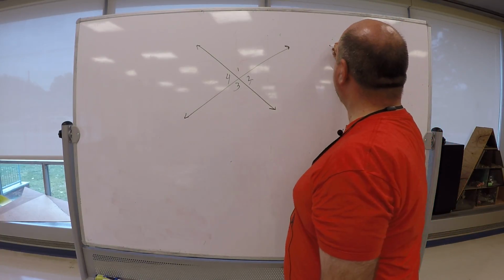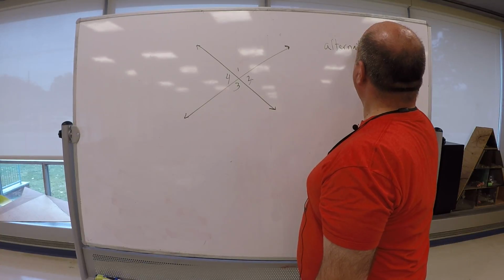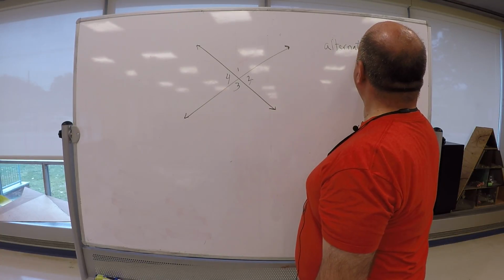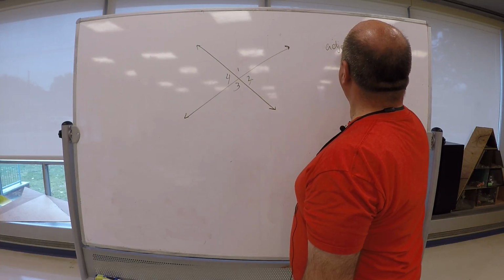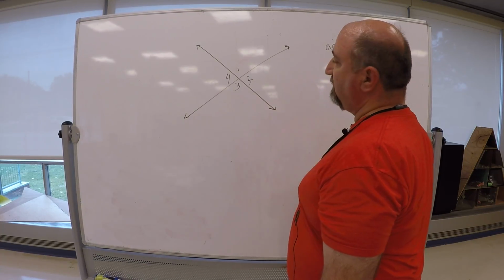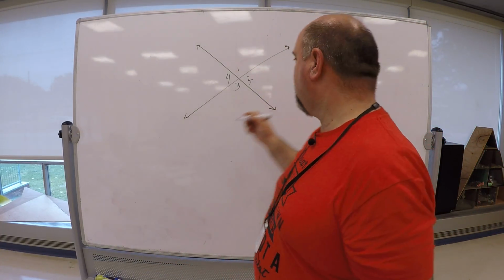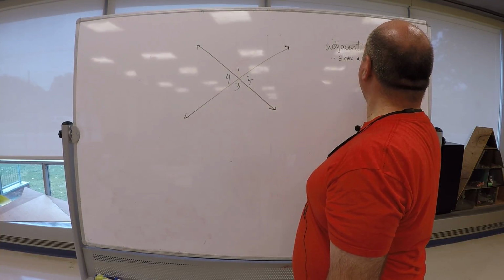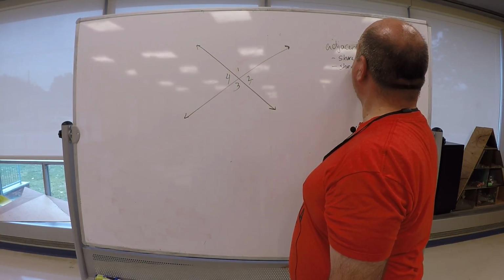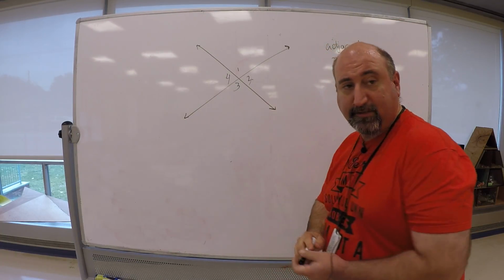In order to do that, we need to understand some terminology. So looking at some vocabulary, we can start with adjacent. Adjacent angles, so any time you have angles that share a vertex and that share a side, we will say that those angles are adjacent.